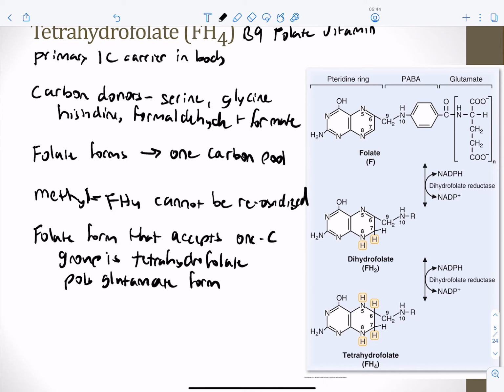But this is just simply called tetrahydrofolate. So whenever you see tetrahydrofolate, it is referring to the polyglutamate form. And so what does that basically mean?